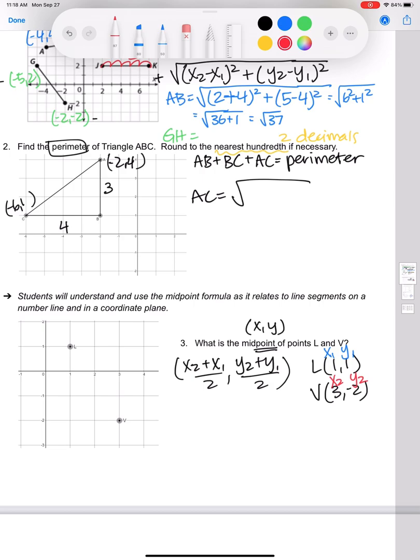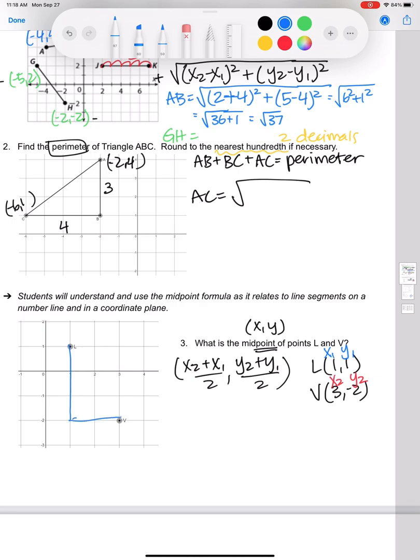Now, one thing I do want to highlight is that you can use the coordinate plane to help you in the process of finding the midpoint or checking on your midpoint. You can graph it to see if it looks like it's in a reasonable location for midpoint. And you can also entirely find the midpoint by using a coordinate plane.